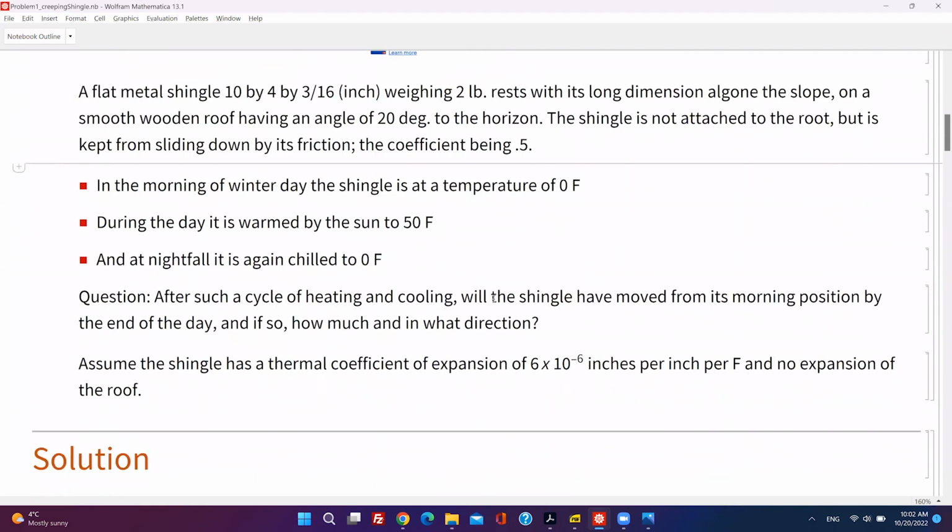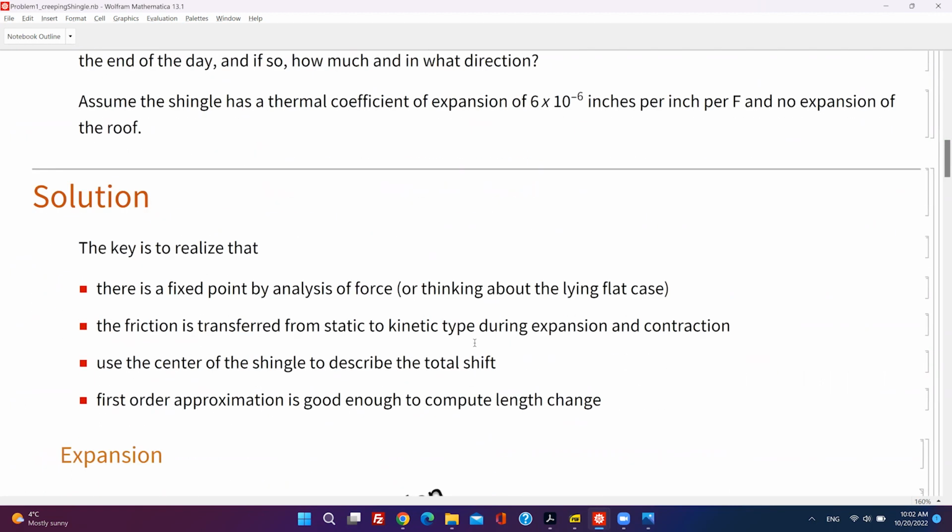This problem is quite fascinating. If you don't think about it deeply, you probably wonder why it just moves without pushing it. The key idea is to think about a shingle on a flat surface going through a thermal cycle. If it expands and contracts, there should be a fixed point in the shingle, because it's on a flat surface.